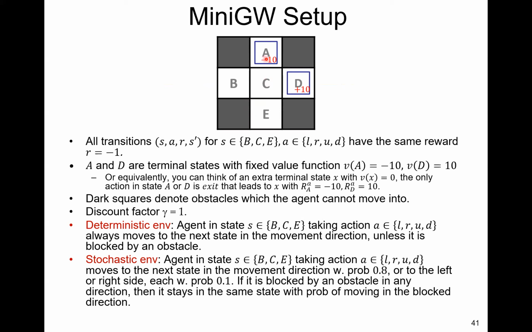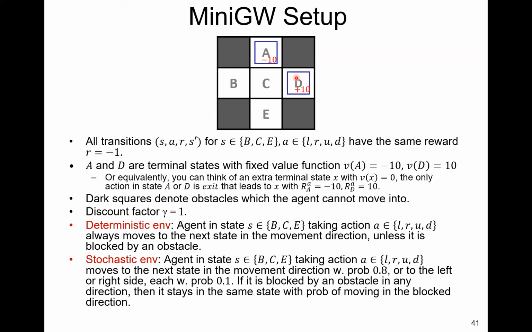A and D are terminal states with fixed value function: VA is -10 and VD is plus 10. Alternatively, you can think of an extra terminal state X with Vx equals 0, and the only action in state A or D is exit.